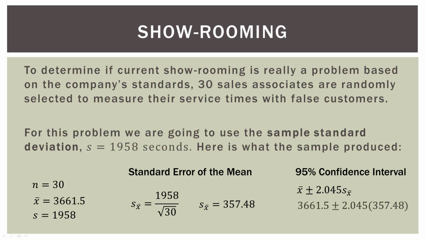So we can go ahead and substitute our numbers back in. So the mean was 3661.5 plus or minus our t-value of 2.045 times our standard error, which was 357.48. So our interval is 3661.5 plus or minus 731.05.